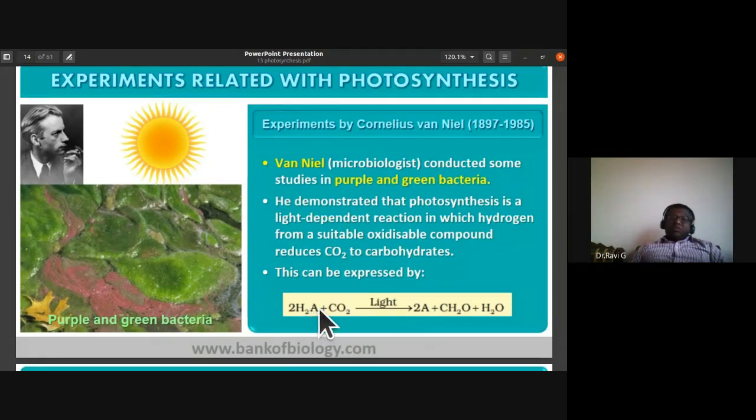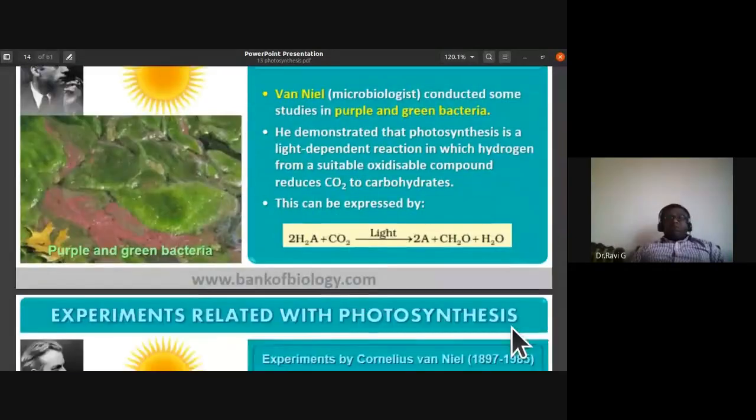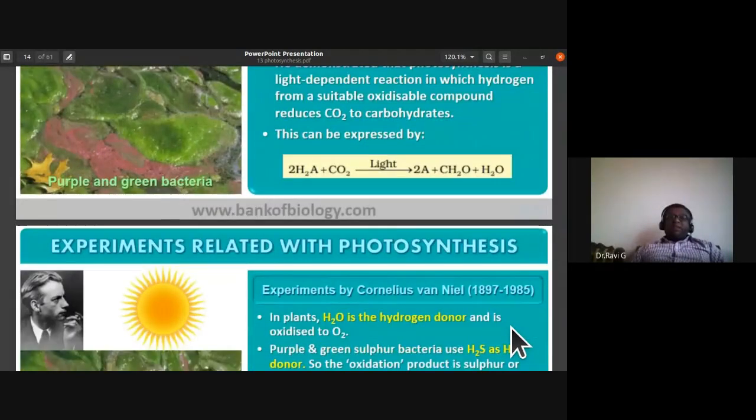The source of this hydrogen was later discovered to be water. That was Cornelius van Niel's experiment.